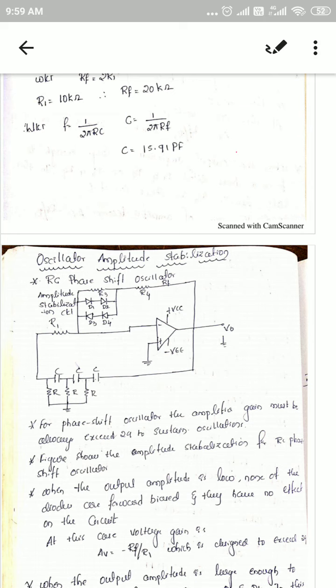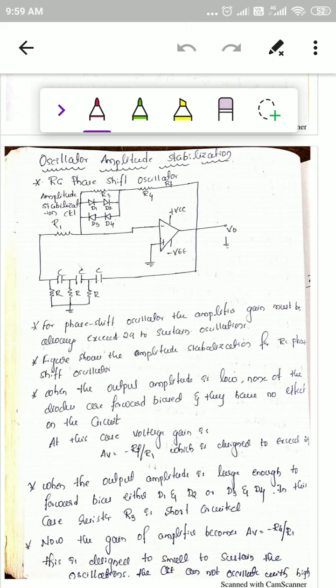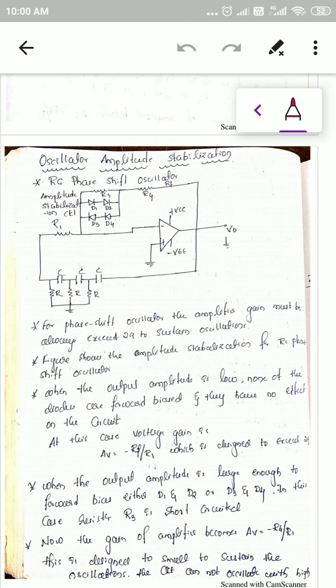To overcome this drawback of amplitude variation, the oscillator amplitude stabilization network is used, which will stabilize the amplitude and give a stabilized output. That is the main objective of using this circuit. This amplitude stabilization circuit can be used for the RC phase shift oscillator, the Wien bridge oscillator, or any type of oscillatory circuit.